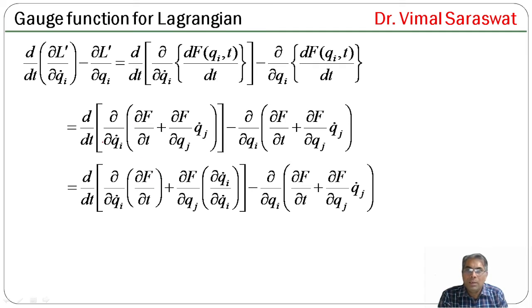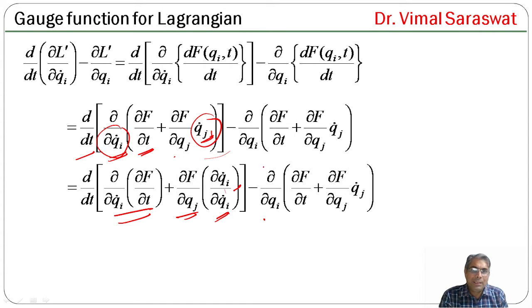And this is equal to d by dt of del upon del q_i dot of del f upon del t, which is this one, plus del f upon del q_j, this one, into del q_j dot upon del q_i dot, and here this j is treated as i, so del q_i dot upon del q_i dot, minus, this is as it is, del by del q_i of del f by del t plus del f upon del q_j into q_j dot.